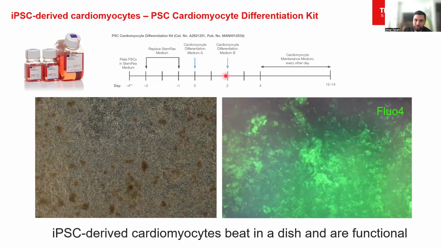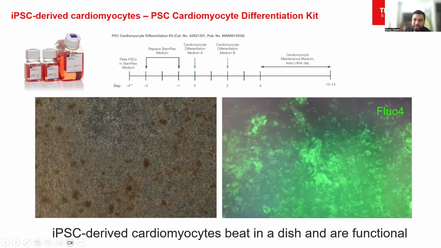Then 2 days later, we switch the media to medium B, and that should start to drive cardiac-specific differentiation. And once you do that, let me see if this will work, hopefully.